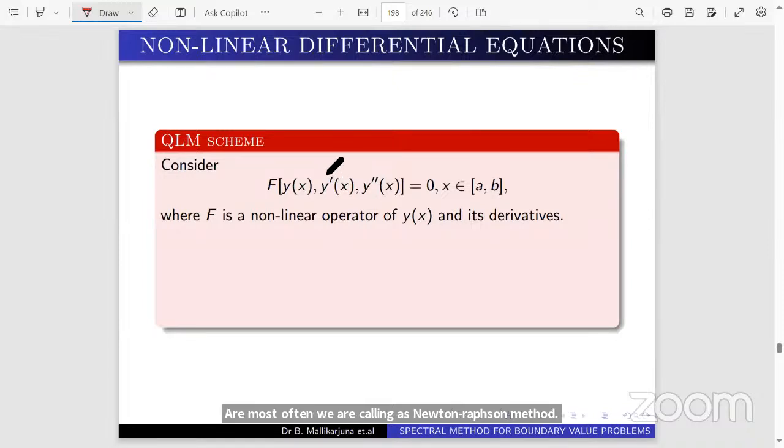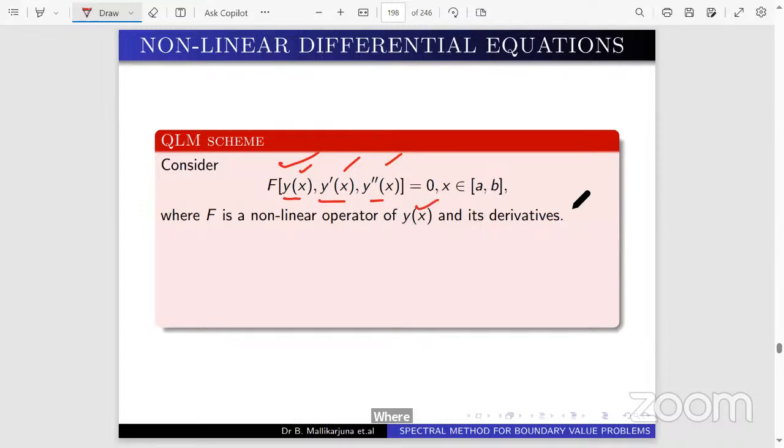Same. So let us see, this is a function in terms of 3 variables. Those variables we are representing with y, y prime and y double prime, where f is a nonlinear operator of y of x and its derivatives.